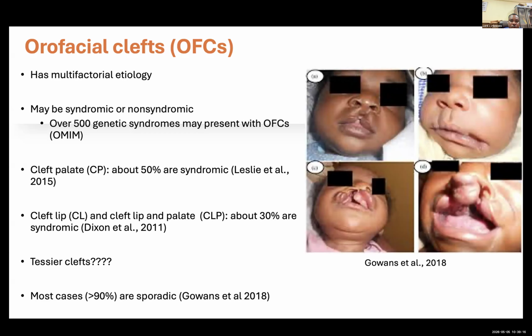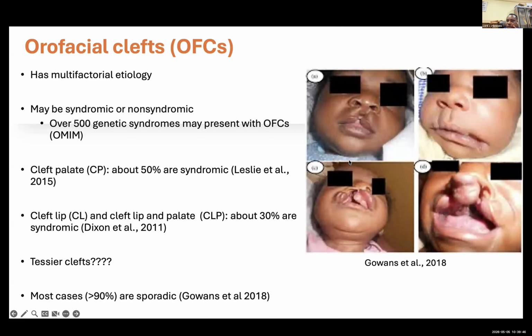Now, in OMIM, there are over 500 syndromes, for example, that may present with clefting. And that is very important to us, especially in our setting where genetic testing is rare, for which reason it is difficult for us to know exactly the syndromes underlying the various cleft presentations that we see in our setting.